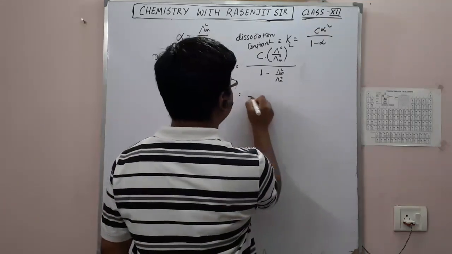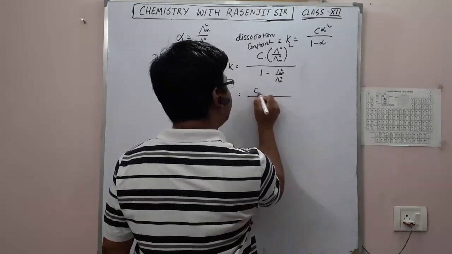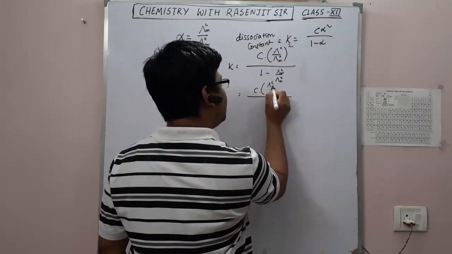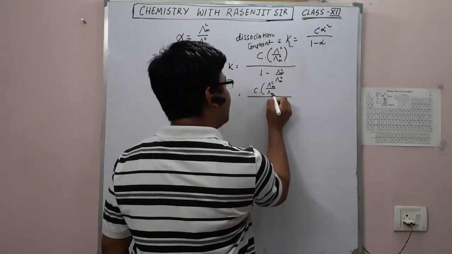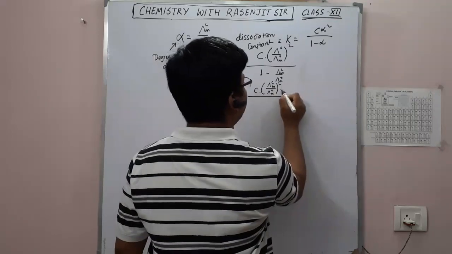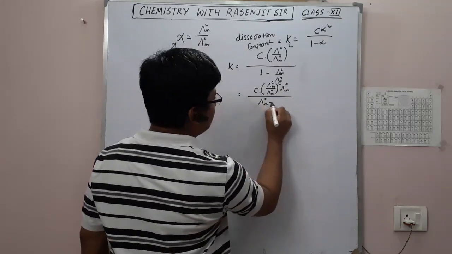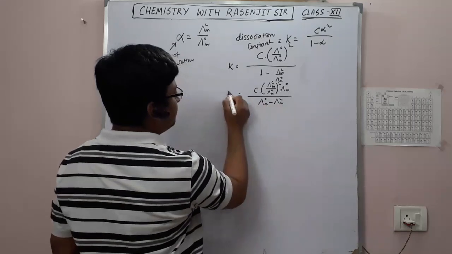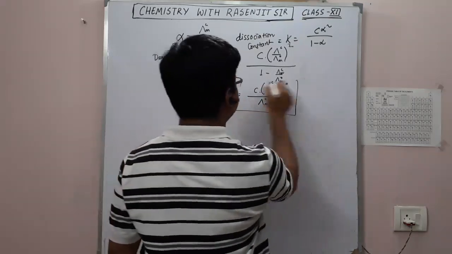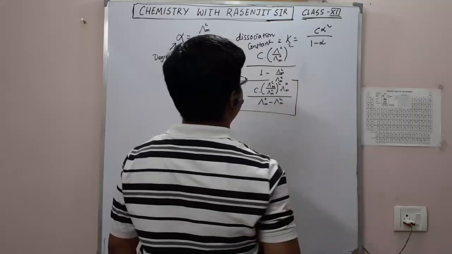If we rearrange, we get C lambda C m squared by lambda m0 squared, multiplied by lambda m0 divided by lambda m0 minus lambda mc. Correct me if I'm wrong.